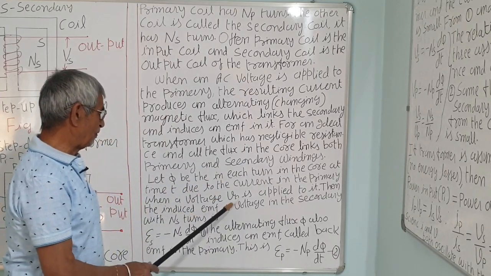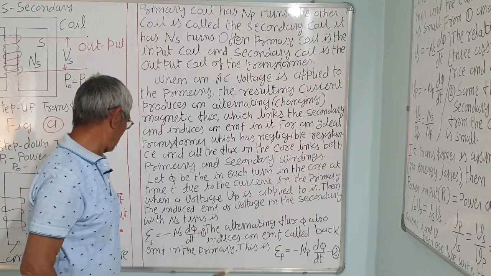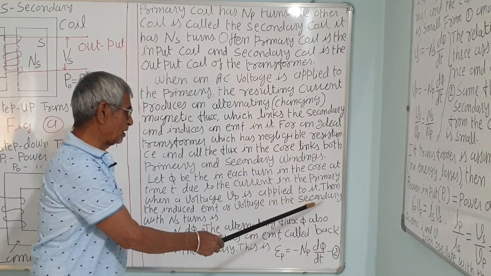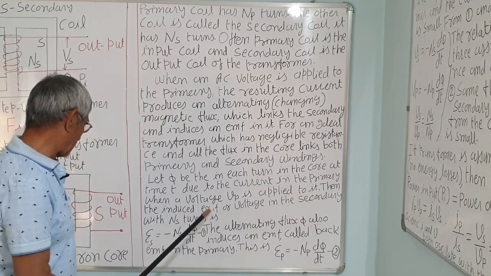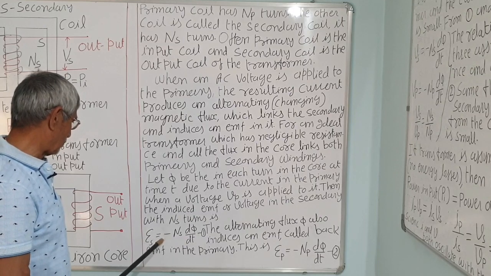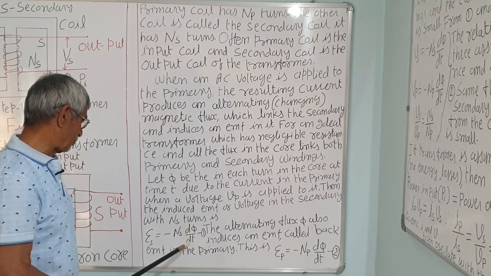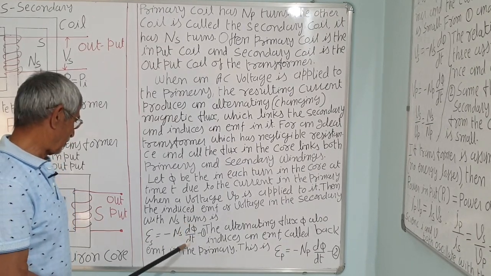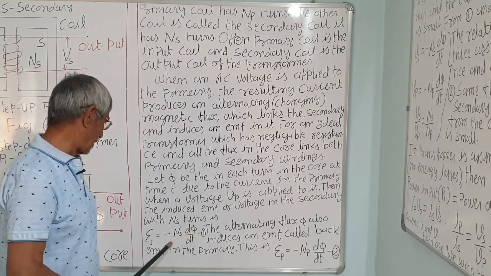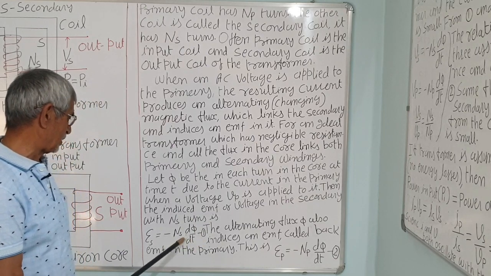When a voltage Vp is applied, then the induced EMF or voltage in the secondary with Ns turns, according to Faraday's law, is Es equal to minus Ns dΦ/dt.